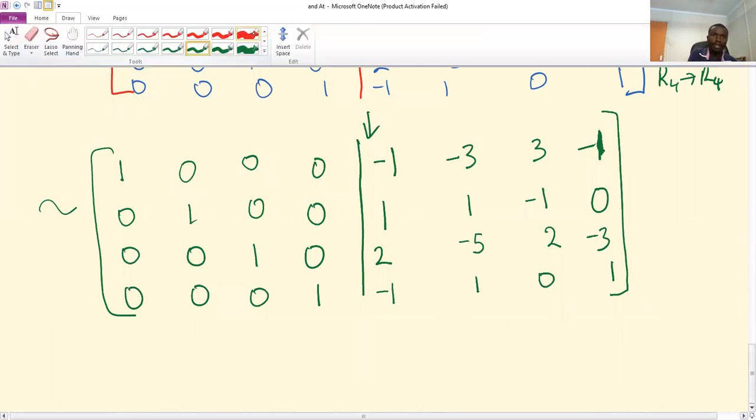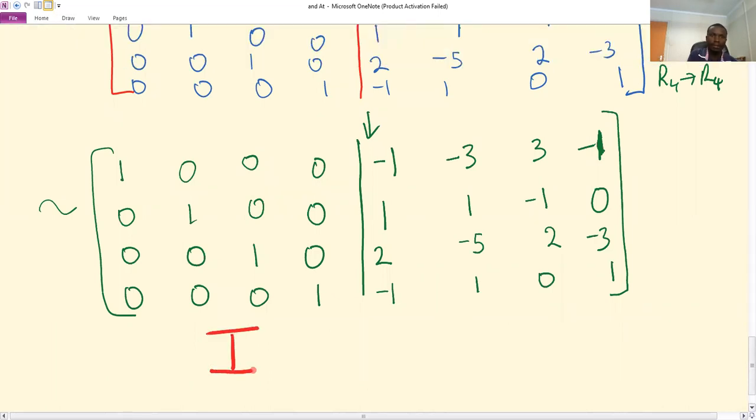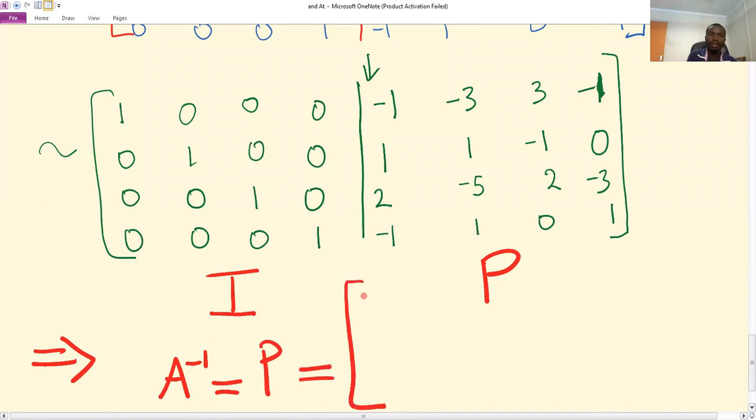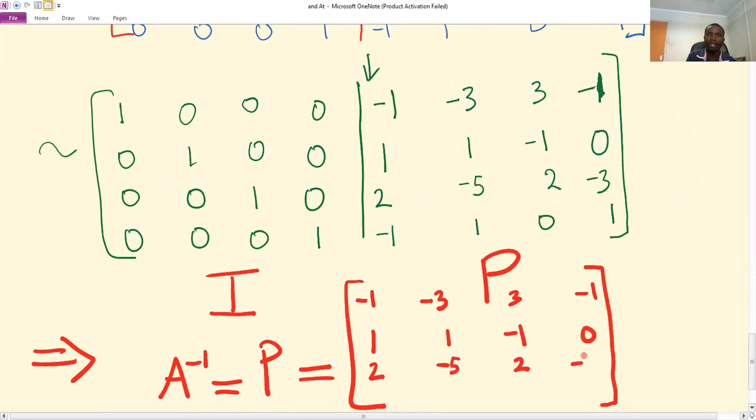Now, since this is an identity matrix, this is our P matrix, and this means A inverse, which is the same as P, is this matrix: minus 1, minus 3, 3, minus 1, 1, 1, minus 1, 0, 2, minus 5, 2, minus 3, minus 1, 1, 0, 1.